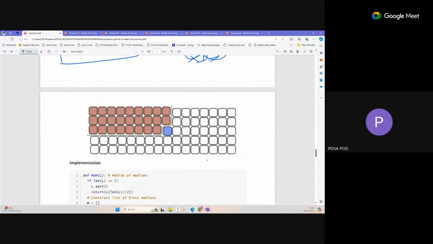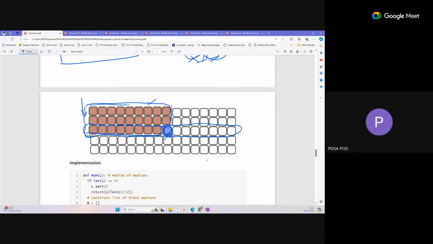Because the blocks are sorted, and you are picking this middle element as the pivot. So the elements in this area will definitely be smaller than this blue element, because you are picking the middle element of all the blocks and they are in sorted order.